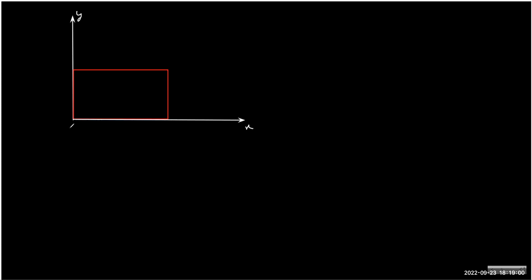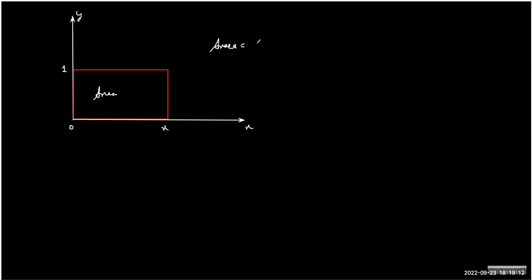So okay, first I'll draw a graph, then we'll go to the question. What is this area?